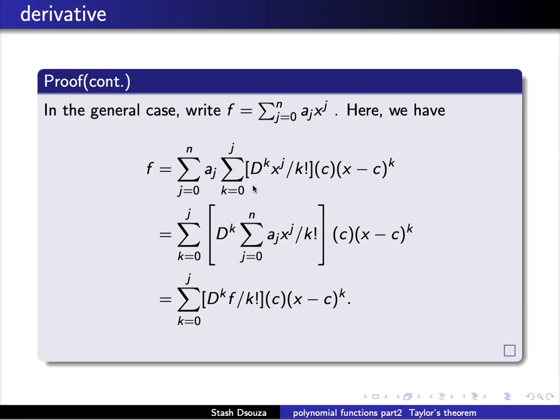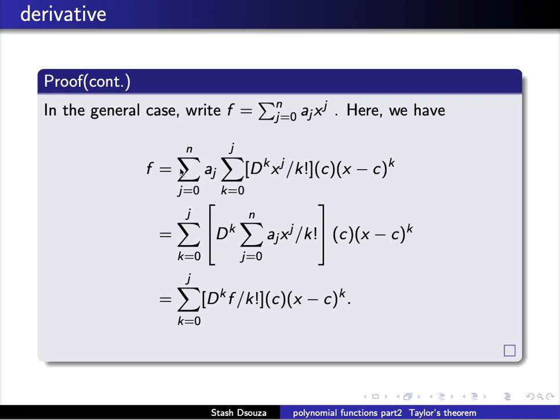We know that x to the power j can be written, as we have just shown, as increasing powers of x minus c with index k and coefficients of the kth derivative of x to the power j over k factorial evaluated at c.